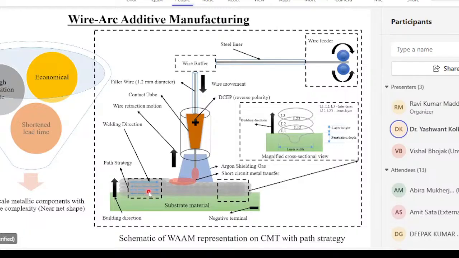If we adopt a different path strategy, the mechanical properties may be different because of some anisotropy. So we have to stick with a good path strategy. In this schematic, I have adopted a bidirectional path strategy. We deposit from this point to this point, and then the torch moves in an upward direction.